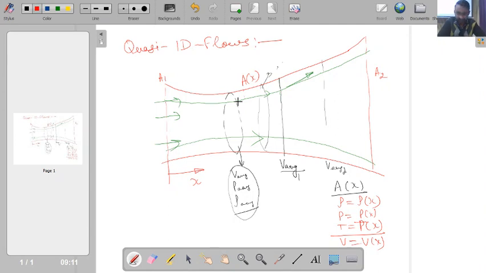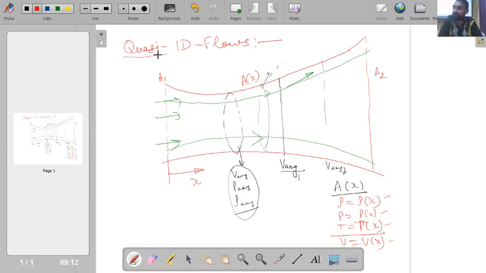So with reasonable accuracy, I can consider my flow as a one dimensional flow situation. Now all the parameters are varying in only one dimension, but as it is not purely one dimensional, this one dimensional flow is coming because of the approximation of averaged quantities at every cross section. That is why we refer to this as quasi one dimensional flow.